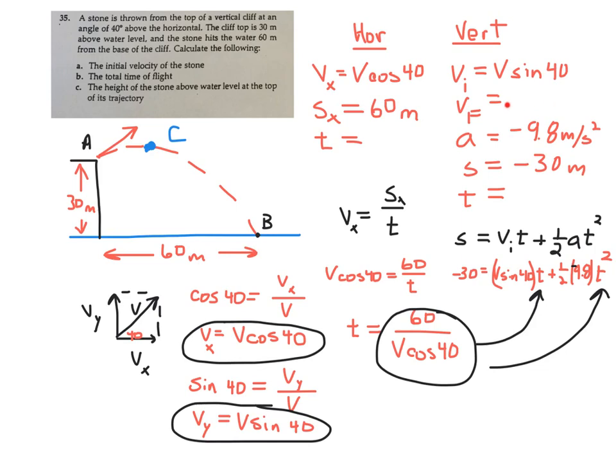And your V final at the top spot will be 0. Once you do that, you can figure out S, which will not be negative 30 in that case. It will be a number more than positive 30, because it'll be higher than 30 meters off the water level. But bottom line, V sub F vertically will be 0 at point C, the pinnacle, and just solve for S to do part C of the problem.